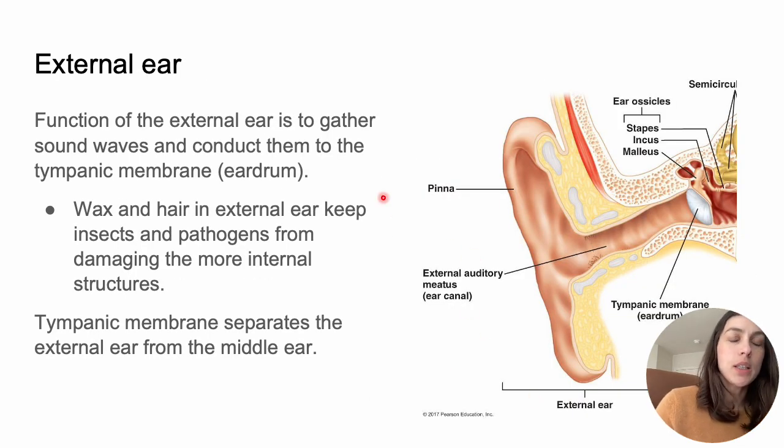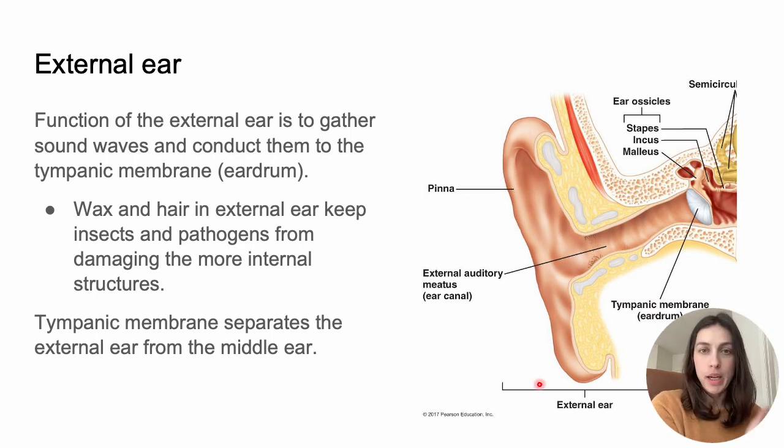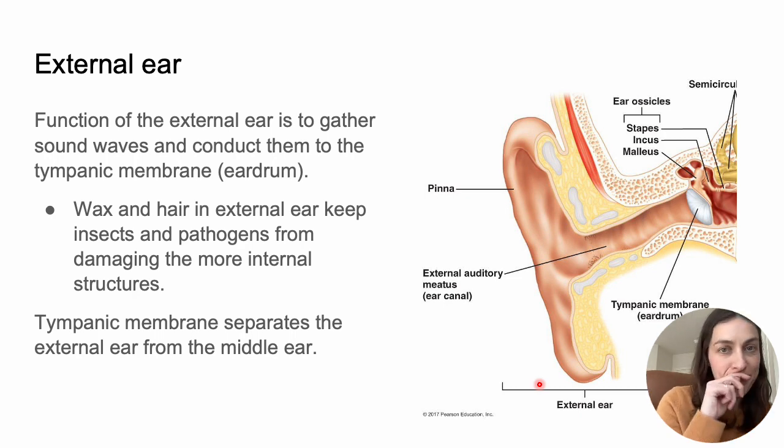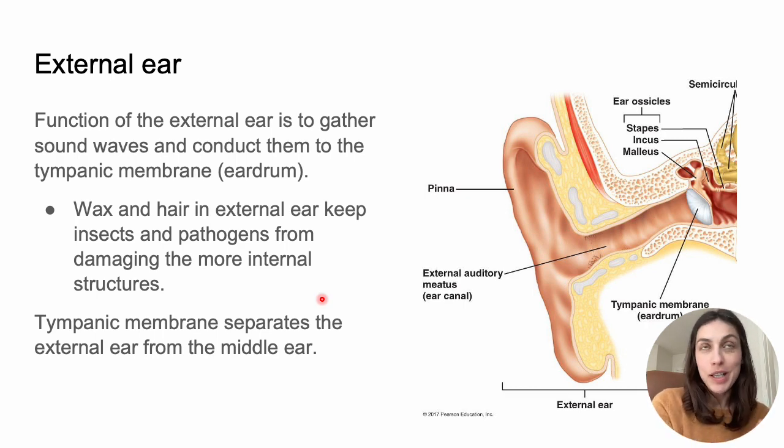What's the point of it? The function is to gather sound waves and conduct them to the tympanic membrane. We need to get that sound channeled in toward the middle ear. We have wax, or cerumen, which is produced by the modified epithelial cells of our ear canal in order to keep insects, pathogens, and other damaging things from entering through to our tympanic membrane, right?